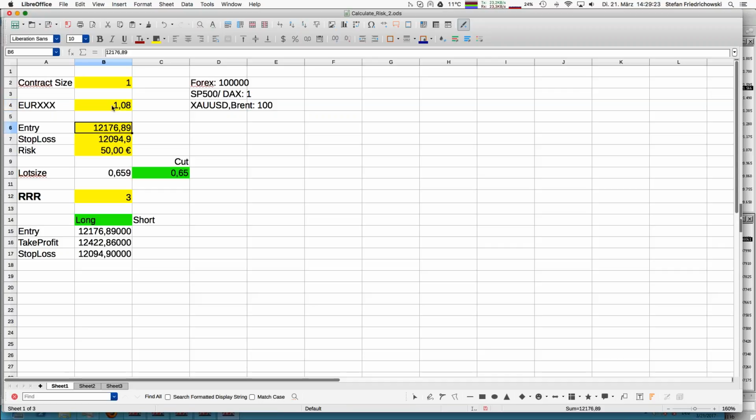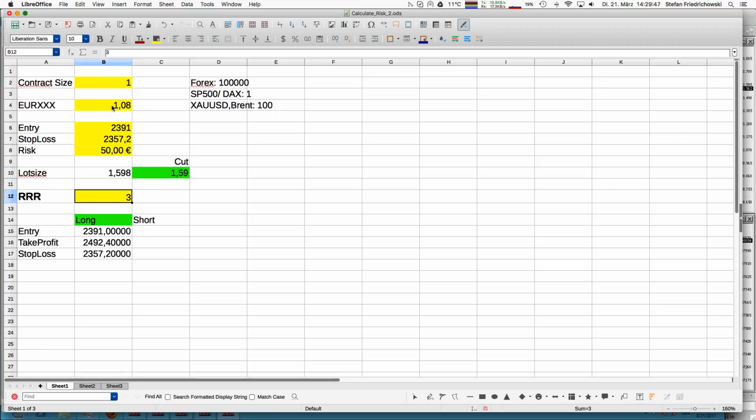Our entry should be 2398, stop loss 2357.2, and now you see that we have calculated a lot size of 1.6, which is okay, because then we can trade 1, and so that's okay.